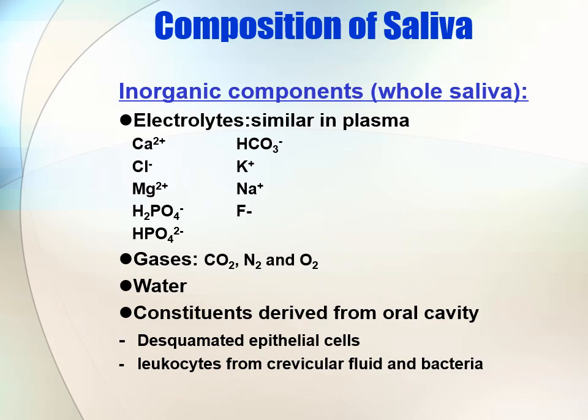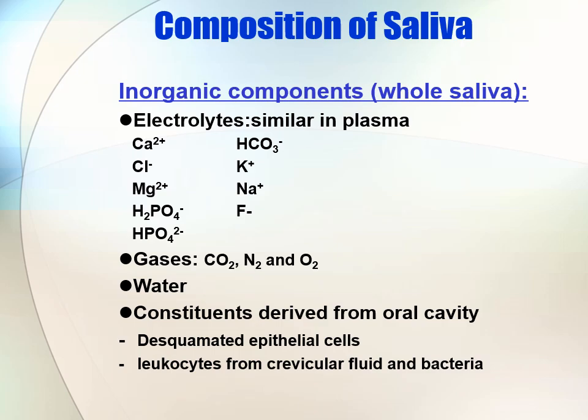Okay, what we have mentioned just now is about the organic components. Now look at the inorganic components of whole saliva. Basically, we can find electrolytes, gases, water, and other constituents. Now look at the electrolytes. The electrolyte concentrations are quite similar to plasma.